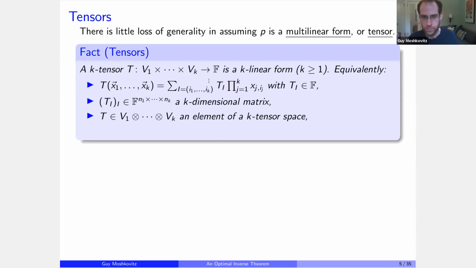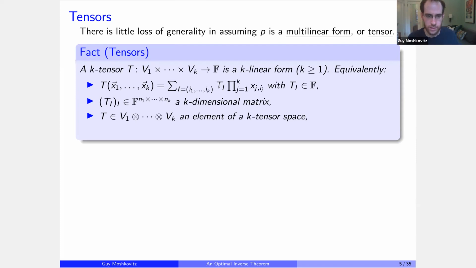So one way to think about 3-tensors is, as I said, a multilinear polynomial. You have 3 groups of variables, x_i, y_i, and z_i, and every monomial contains one variable from each group. So every monomial is of the form x_i times y_j times z_k.